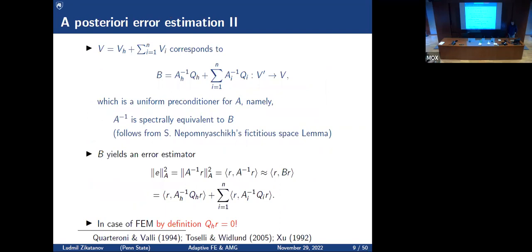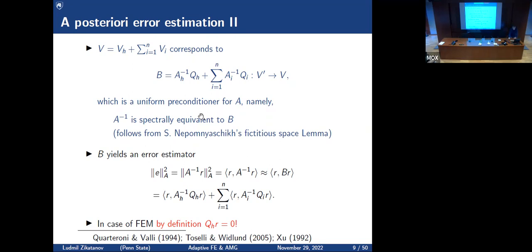Okay, so then we write this is the Schwarz preconditioner. QH is the adjoint of the natural inclusion, which is just known as L2 projection sometimes. And so every space splitting gives you a preconditioner, which is written right here.